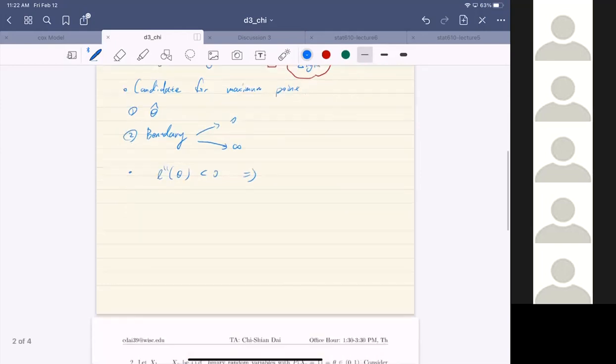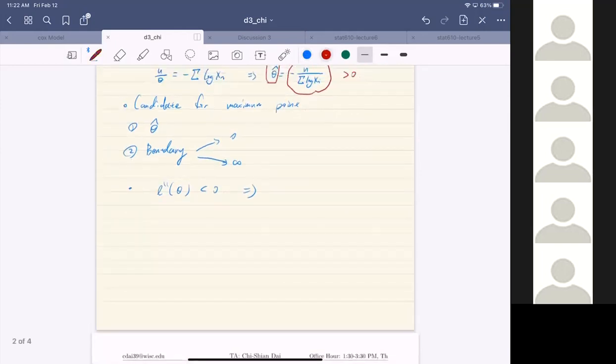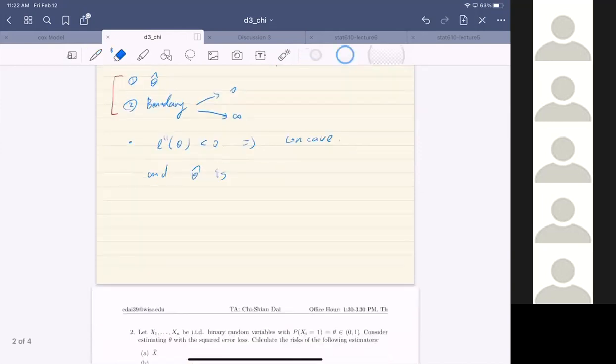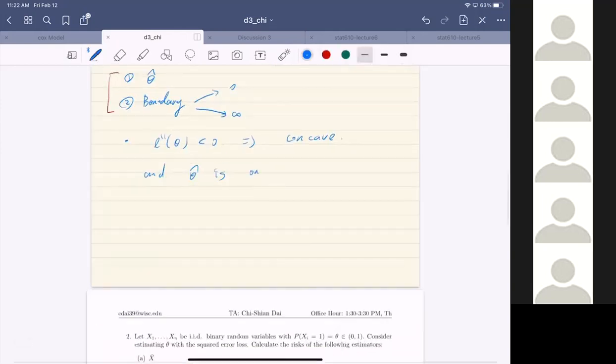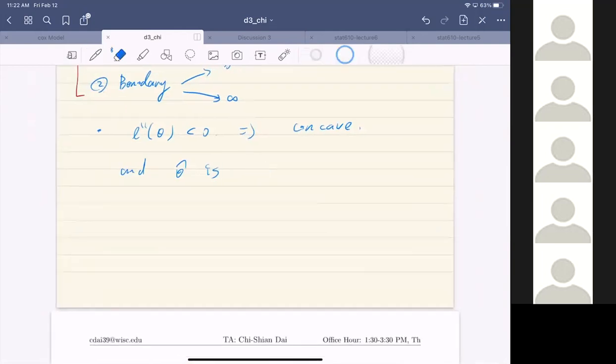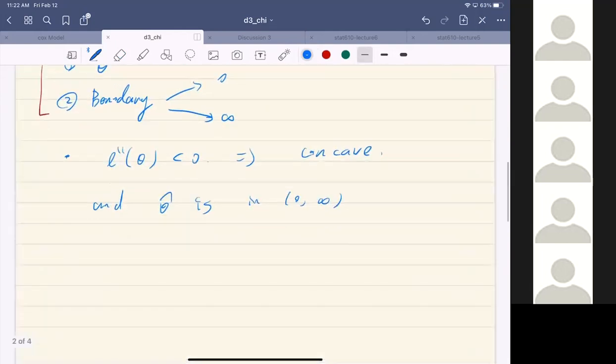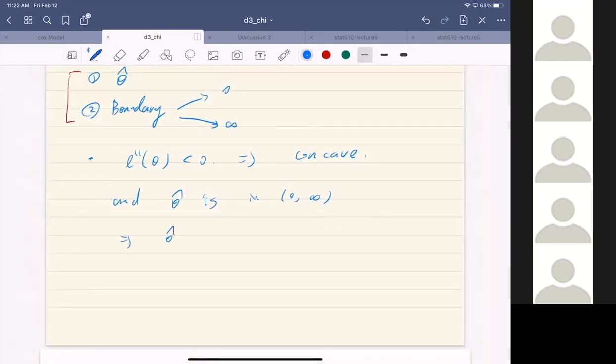We find that this is negative, so it's concave. And theta hat is in 0 to infinity. So theta hat is the MLE.